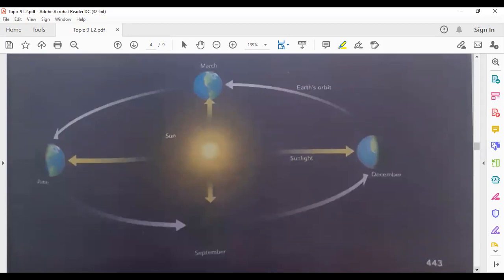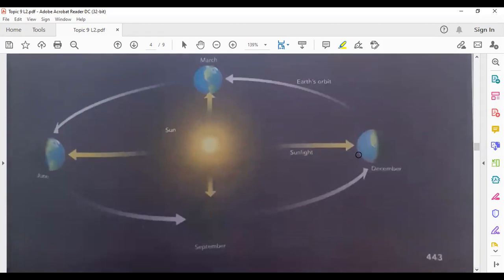This is the seasons, as you see. For example, when this part of the Earth faces the sun, we have summer. It is December, so in the southern hemisphere we have summer in December because it faces the sun.